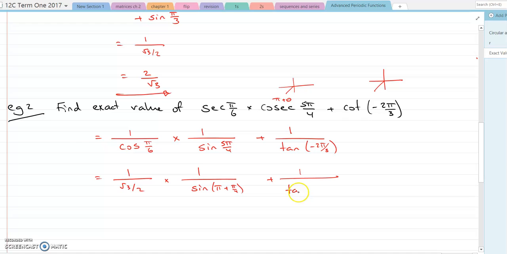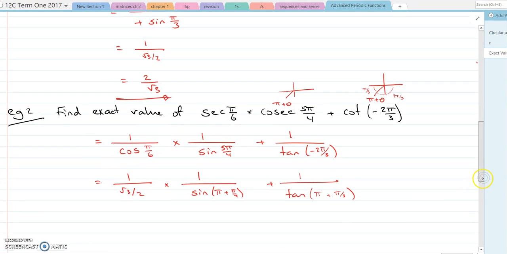So I can actually write this as pi plus, because negative 2 pi over 3 means this is 2 pi over 3, which means this is pi over 3. So it's the same as pi plus pi over 3, which is basically just taking this number, negative 2 pi over 3, and adding 2 pi to it. Anyway, hope that makes sense.